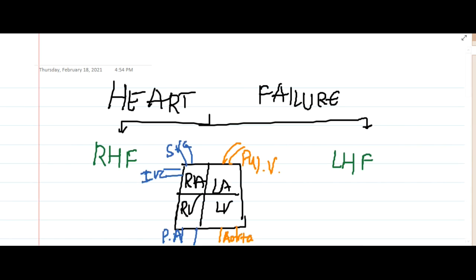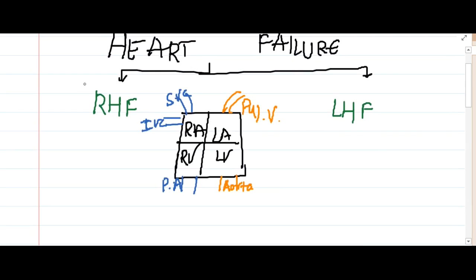So right heart failure mainly occurs whenever the right heart is unable to pump the blood against the pulmonary artery, against the pulmonary pressure. The most common cause of right heart failure is left heart failure.